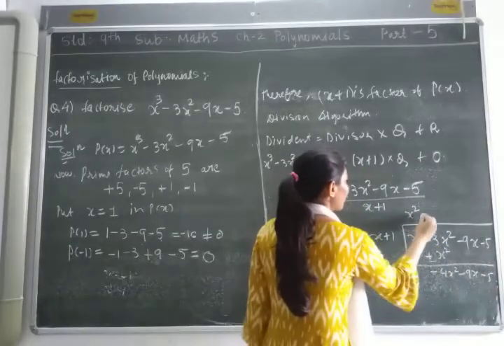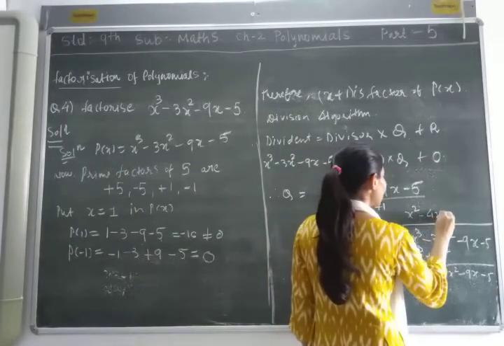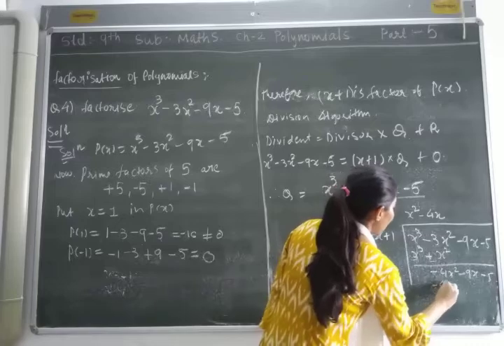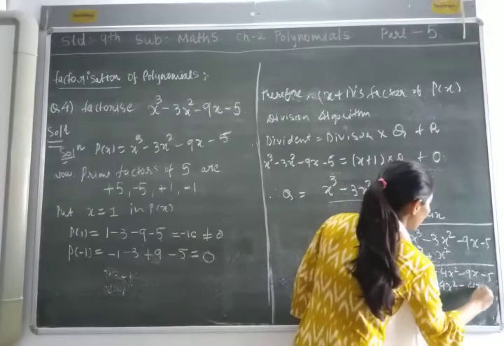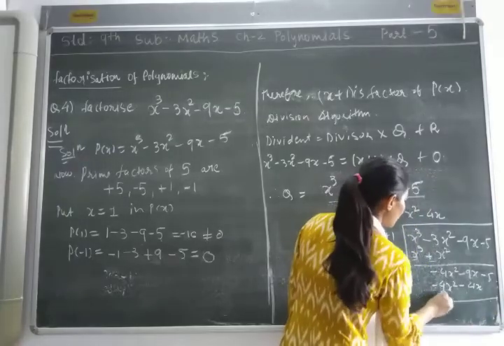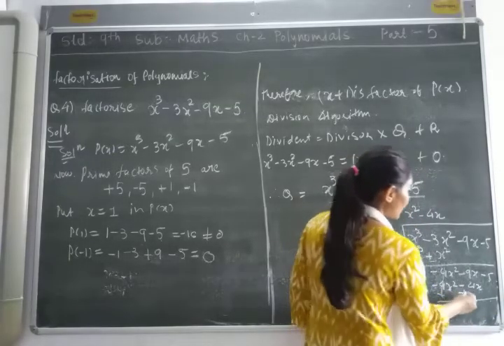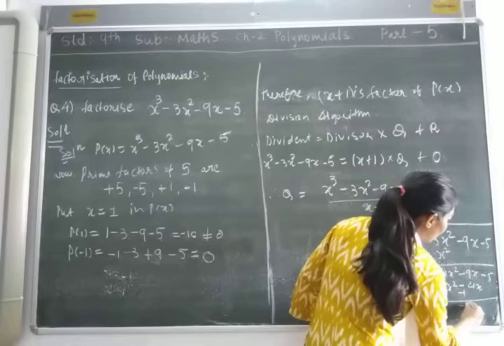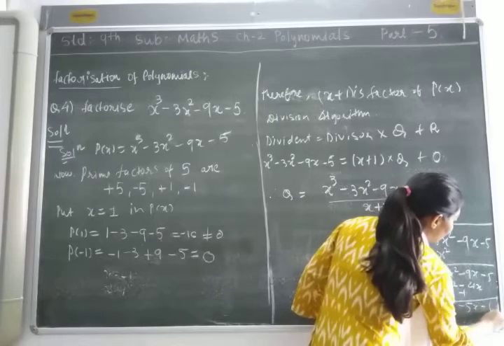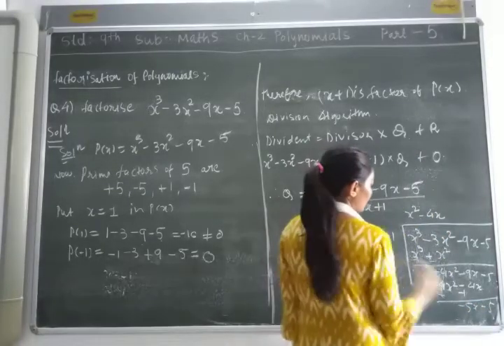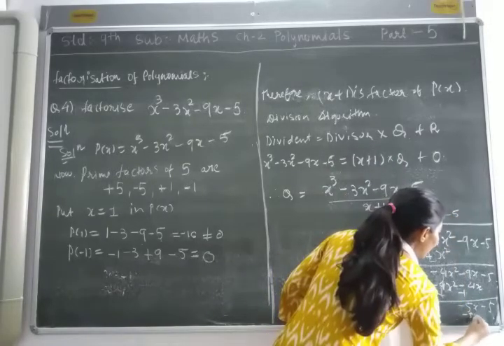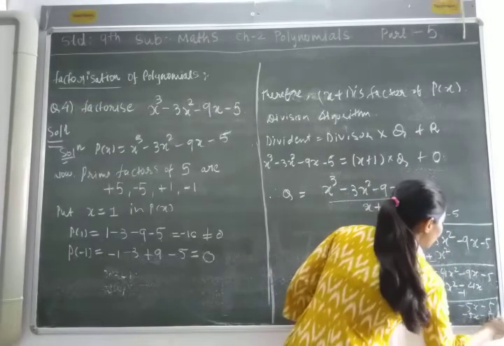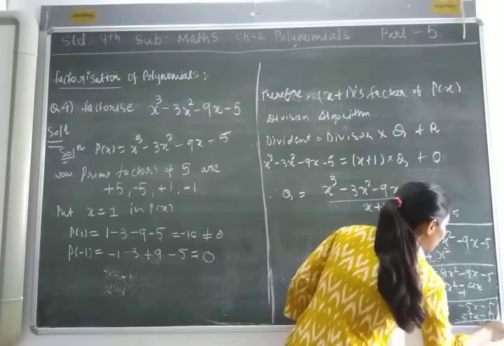What is left is minus 4x square, so minus 4x times x plus 1 gives minus 4x square minus 4x. This cancels, and again I am getting minus 5x minus 5. Dividing, I get plus 5x plus 5, so minus 5x minus 5 leaves my remainder 0.